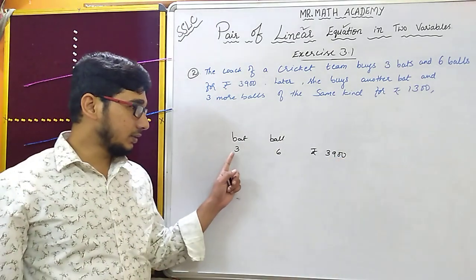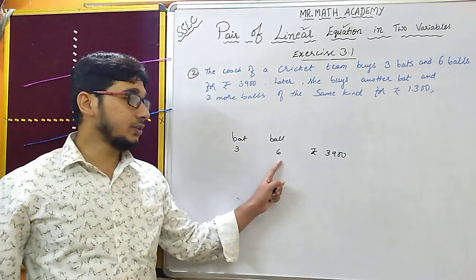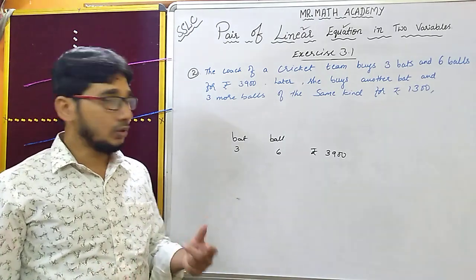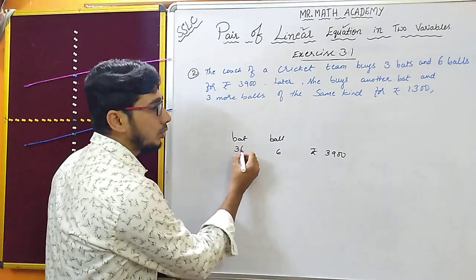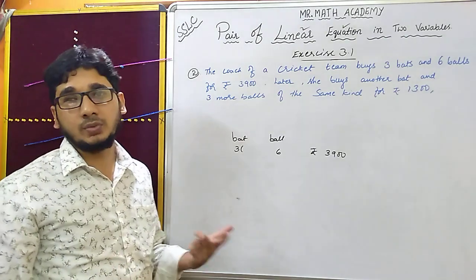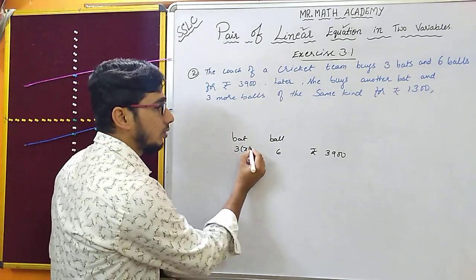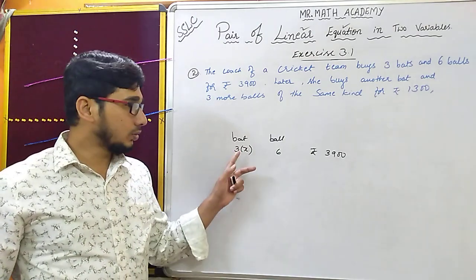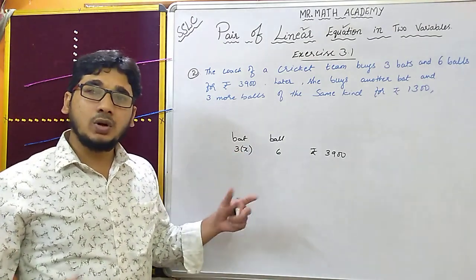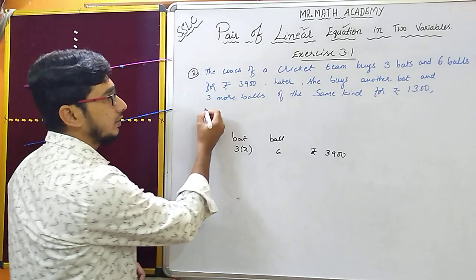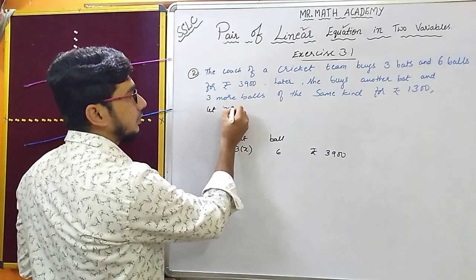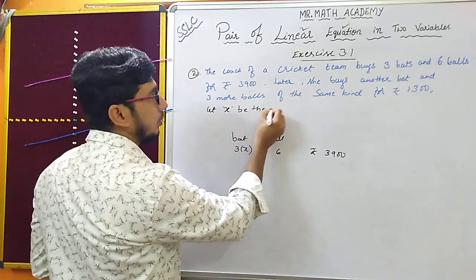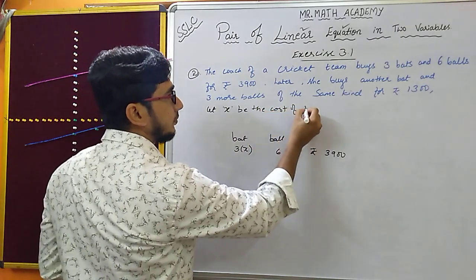Okay, this is 3 bats, 6 balls. The cost I don't know. So 3 bats into cost. Let its cost be x. I don't know, I think 20, 30, 40, 50, 60, something. So let x be the cost of that bat. I'll write here: let x be the cost of the bat.